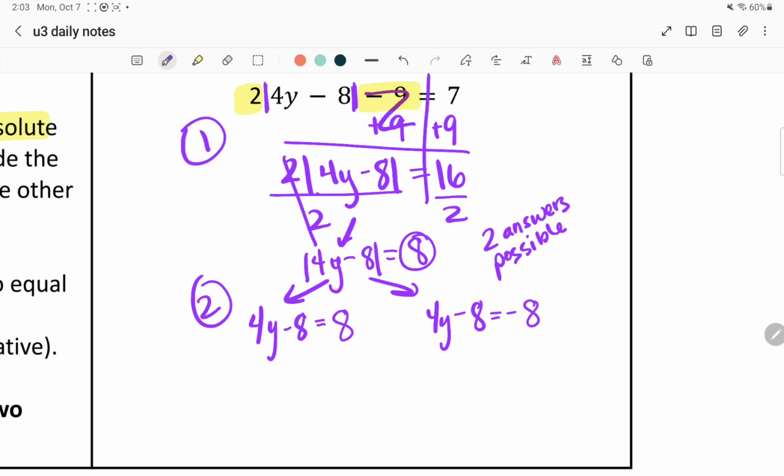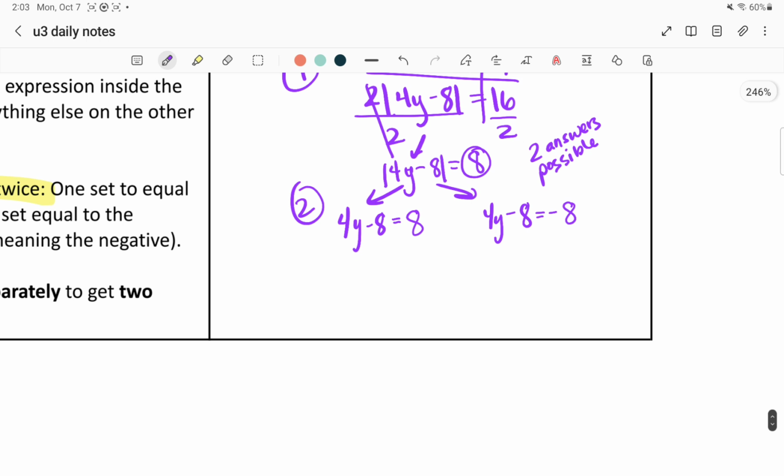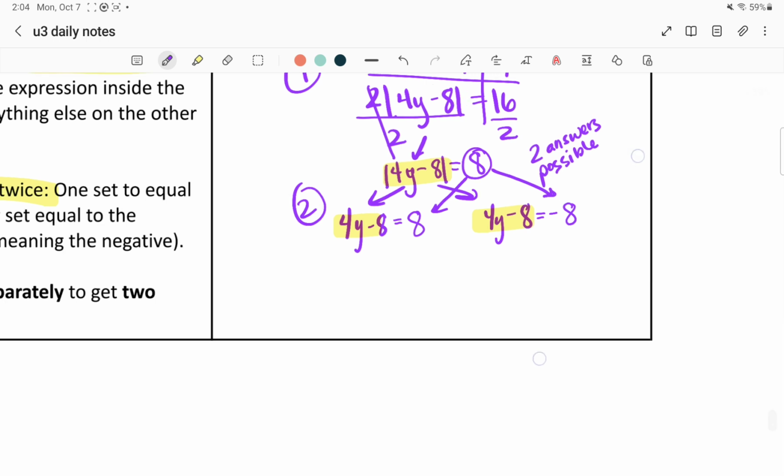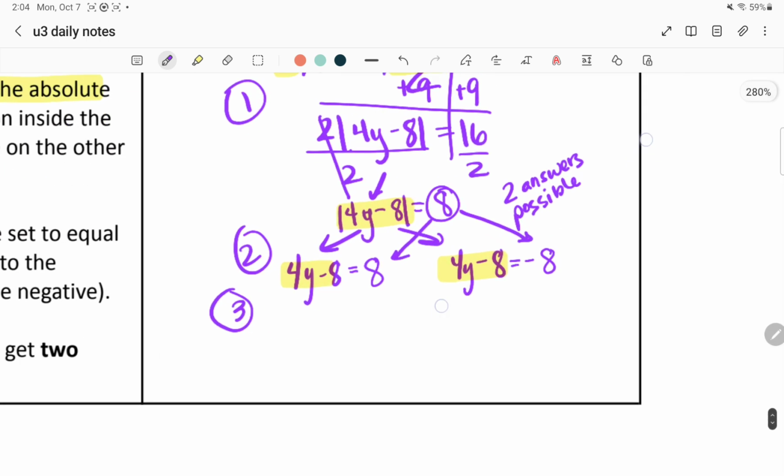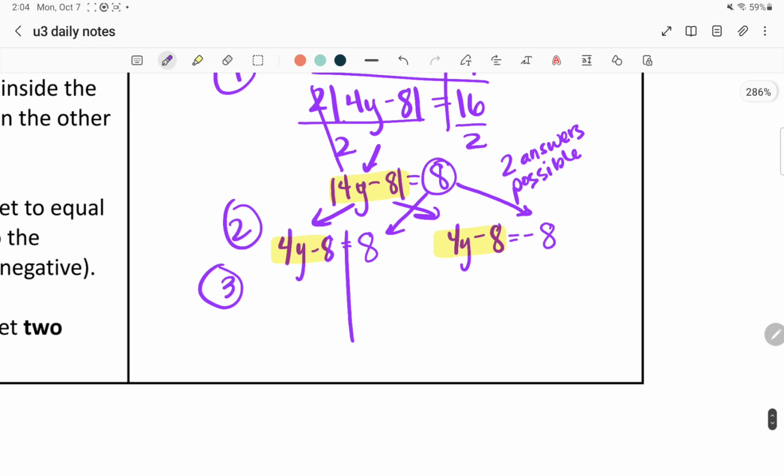I need to account for both. I need to find the answer to both. So that's why I rewrote the expression twice, the expression being this part. And then I set it equal to the number it was, right? Because 8 is 8 steps from 0. And I set it equal to negative 8 because negative 8 is also 8 steps from 0. And then from here, step 3 is I need to solve them both to get 2 separate answers.